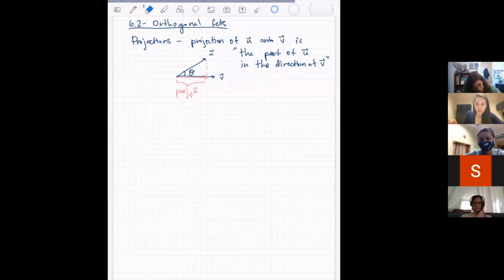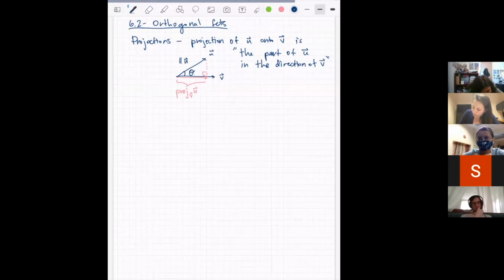Okay, so here I've drawn this. This should be a right angle. So if we are looking at this picture, we have a right triangle. So we can use some of what we know about triangles to write down a formula, right?